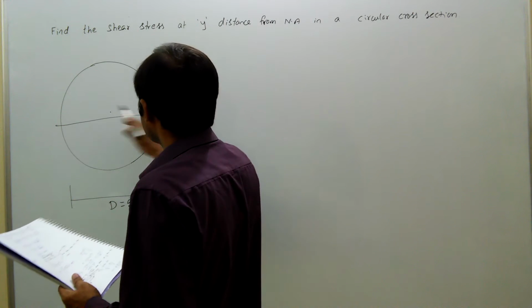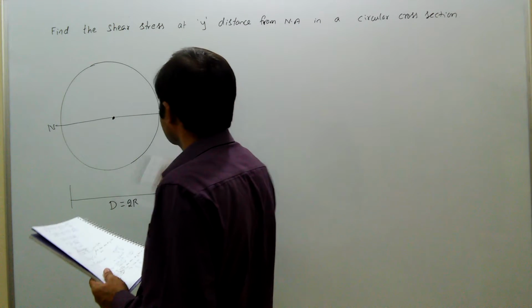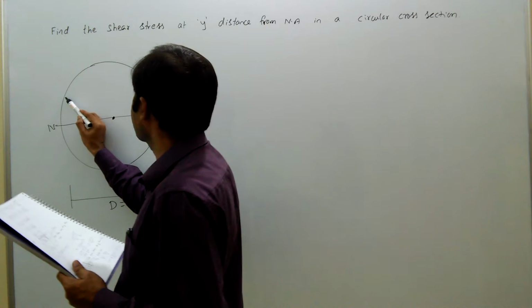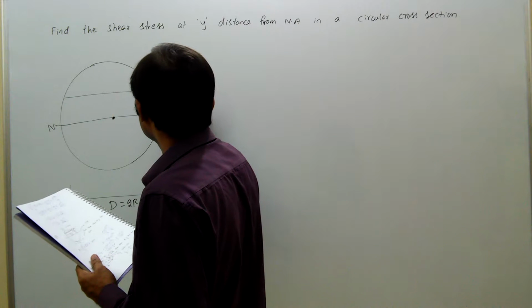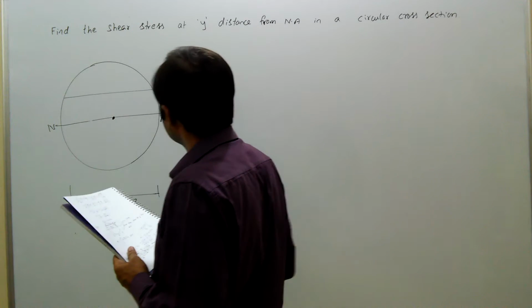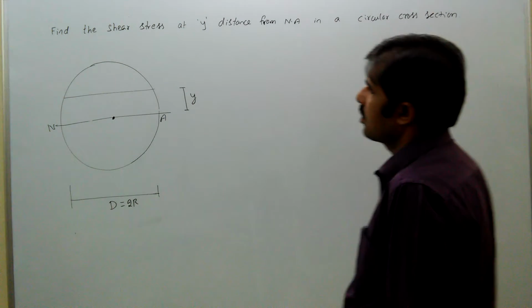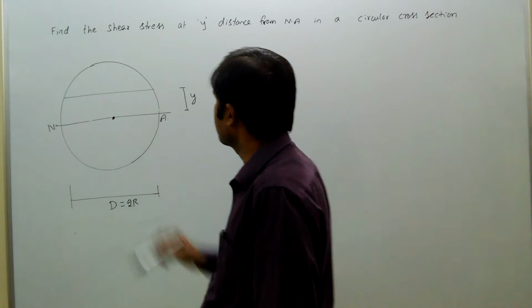Now this is the neutral axis passing through the centroid. We need to find, at a distance of y, what is the shear stress at this location?